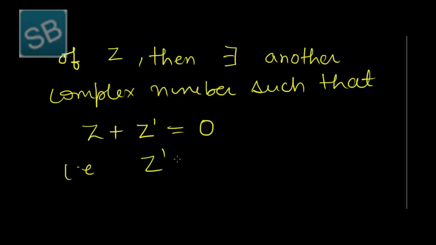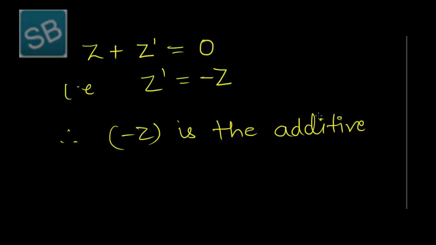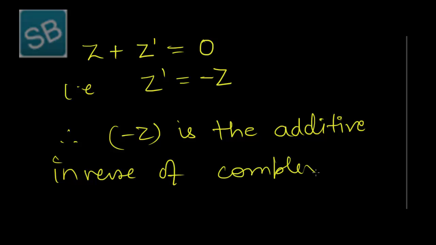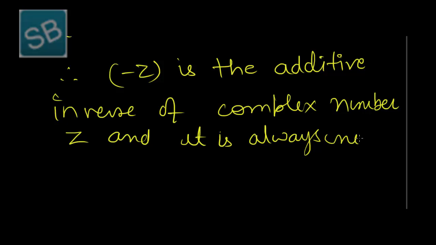That is, Z dash is equal to minus Z. Therefore minus Z is the additive inverse, because it is under addition, of the complex number Z, and it is always unique. So these are the properties under addition of a complex number.